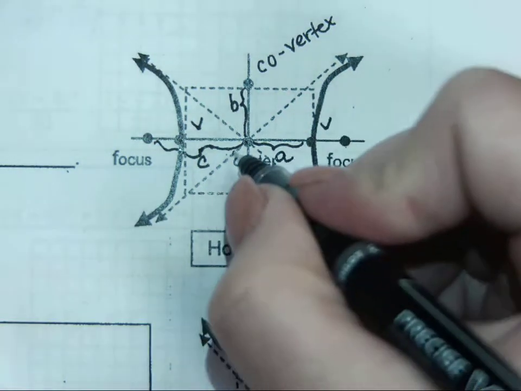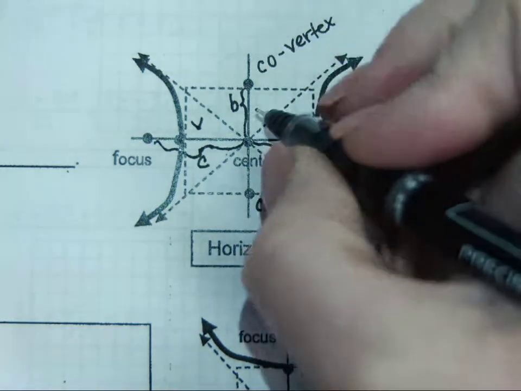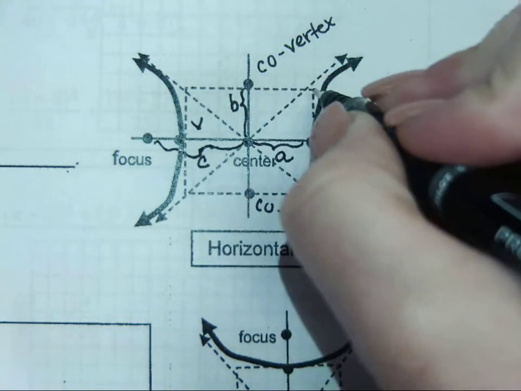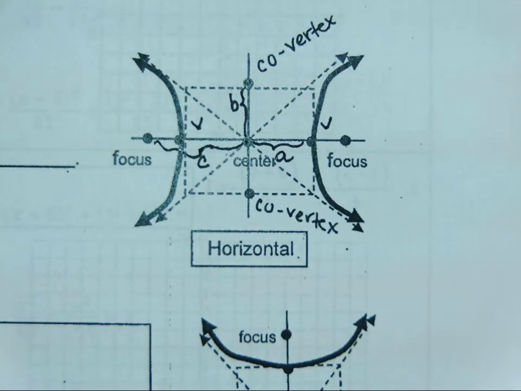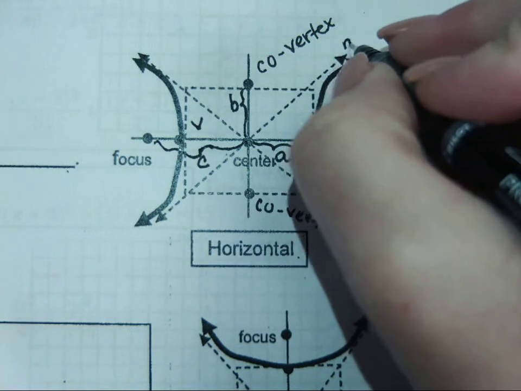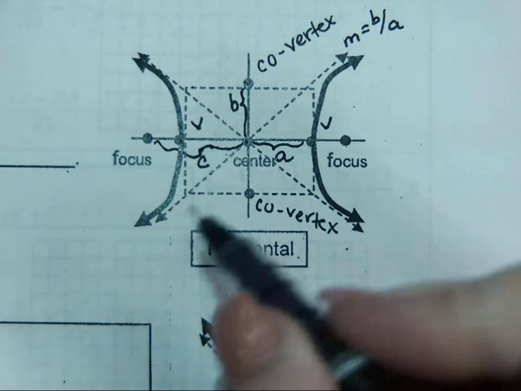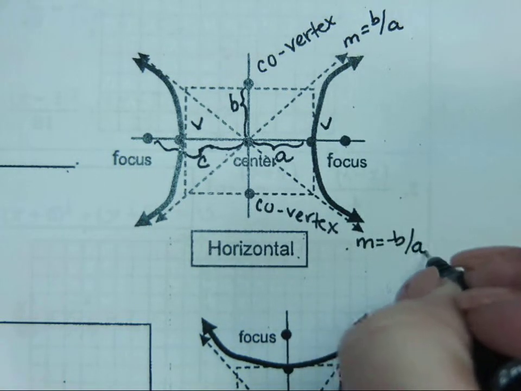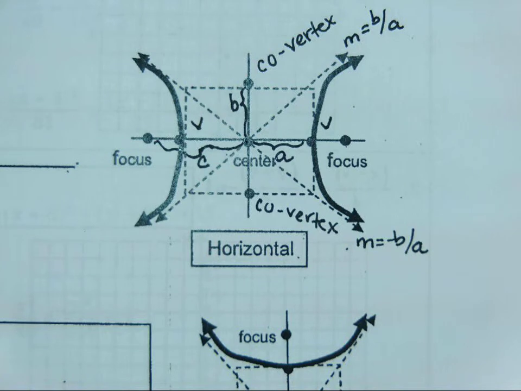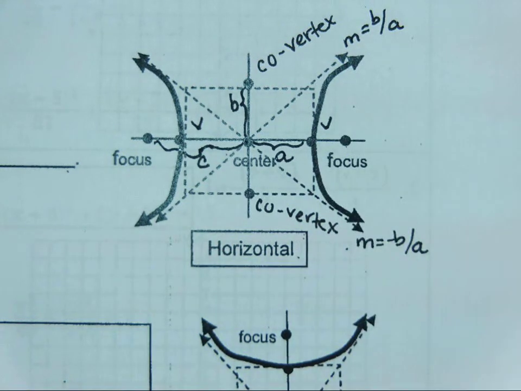And to get your slope, you're going to go up B and over A. There's an equation for this asymptote, but to be able to find it, we're just going to use B over A. And then we're going to go downward and have a slope of negative B over A. That's going to give us a guide, so that when we have our vertices, we can create our branches running along those asymptotes.